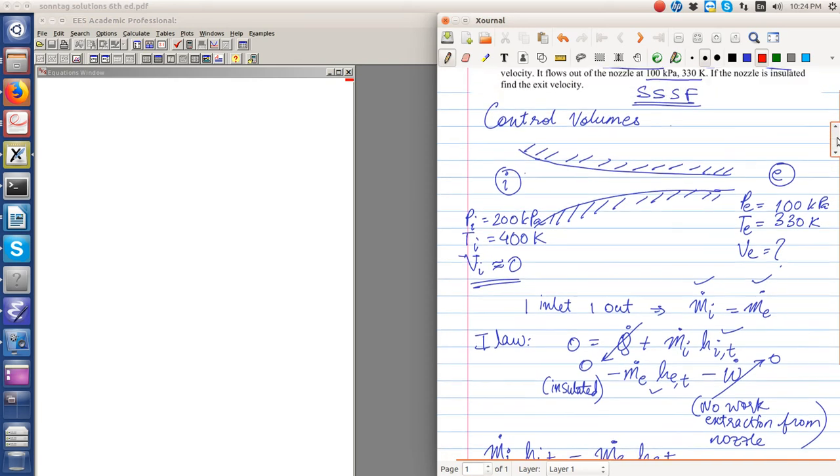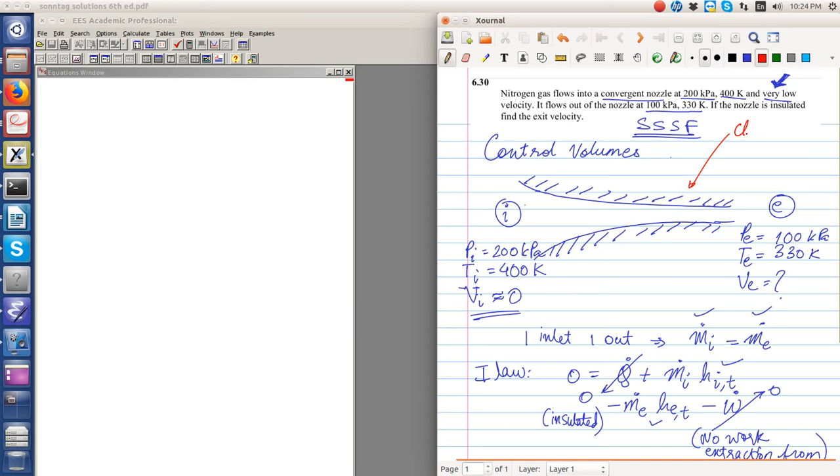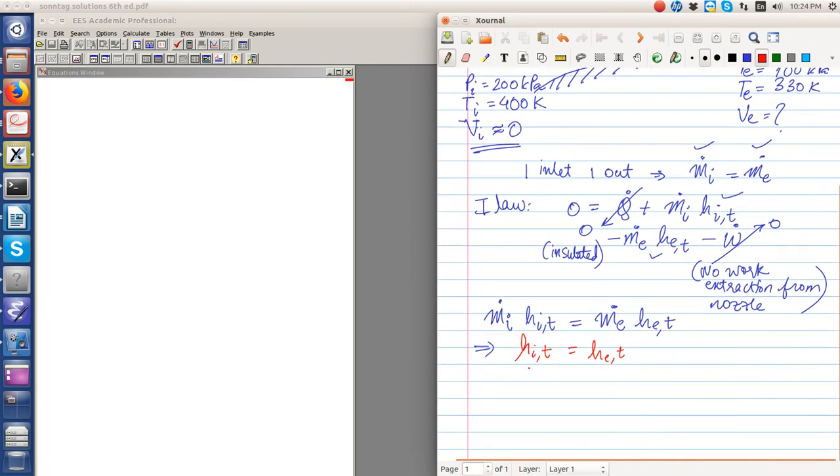Because the nozzle is a device in which there is no appreciable change in potential energy, h i total will be equal to hi plus Vi square by 2 plus g zi, and h e total will be equal to he plus Ve square by 2 plus g ze. Now because the changes in potential energy are negligible, we can get rid of these terms. Vi is given as 0. Thus the final equation is hi is equal to he plus half Ve square.